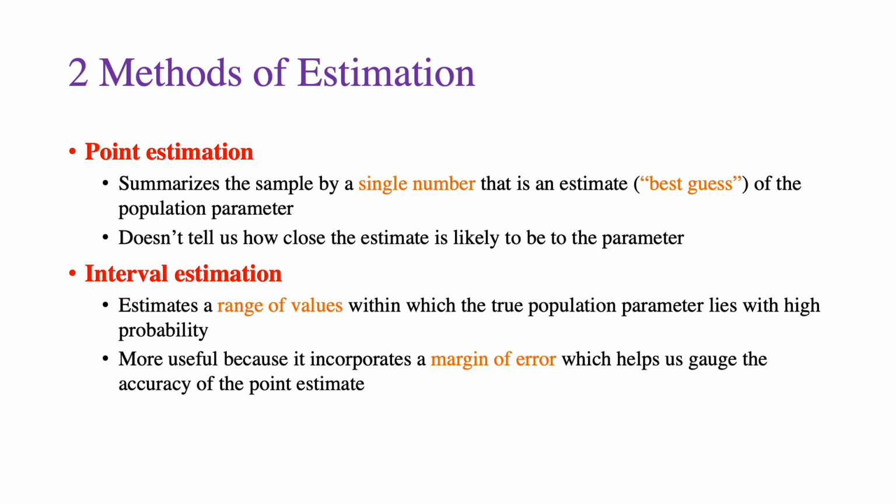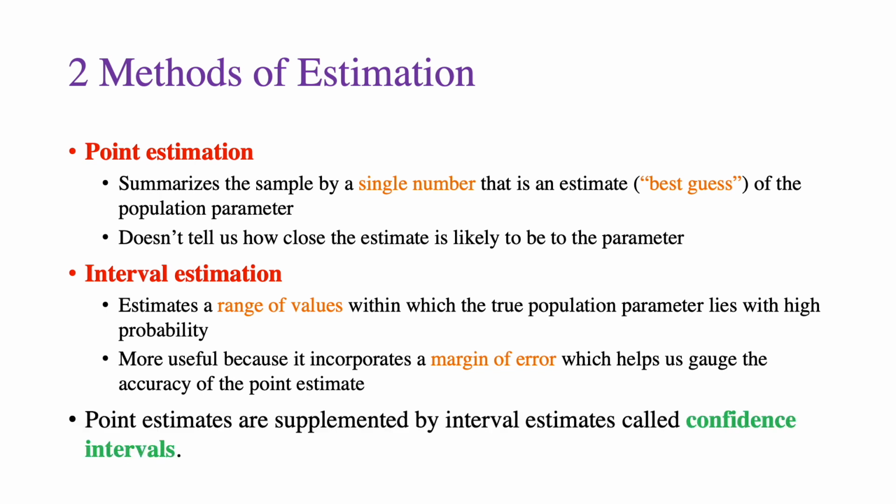Now, we very often report the point estimate along with its interval estimate, and that interval estimate we very often refer to as the confidence interval. A lot of you may have encountered this phrase before when you had your undergrad biostatistics subjects.